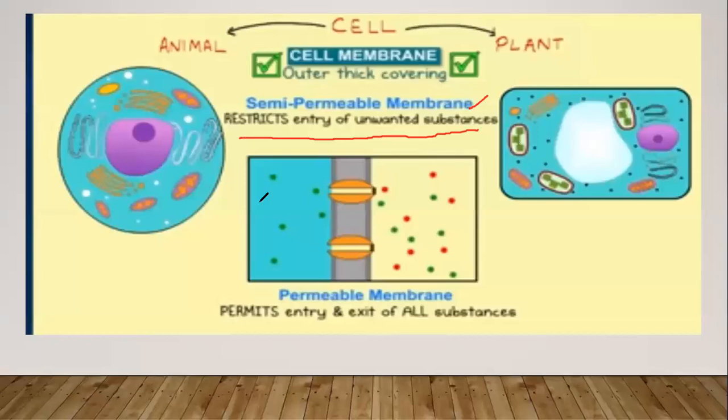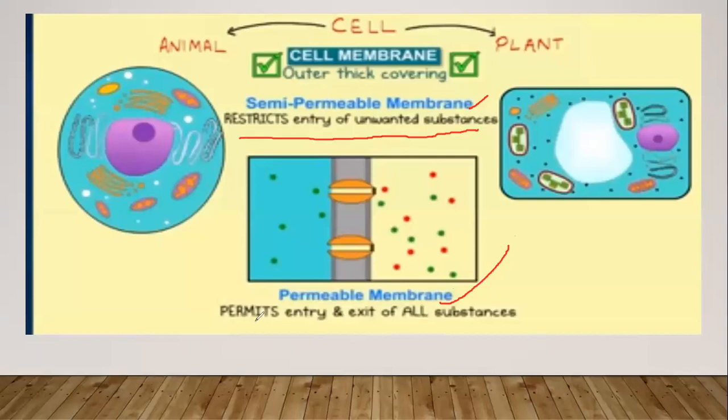So both the cells have the capacity to allow some useful substances, isn't it? For the survival of the cell, it can allow some useful substances, so it is called a permeable membrane also.